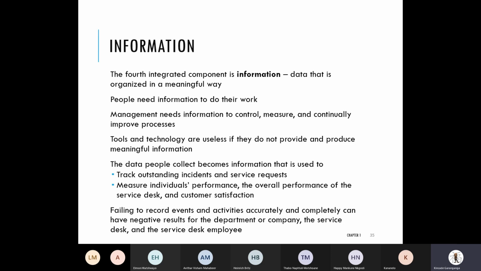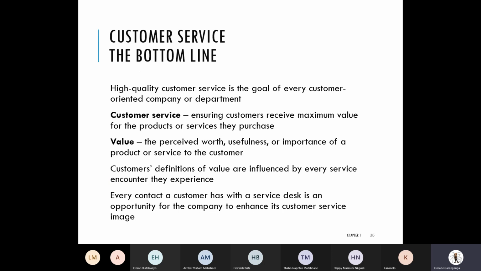How many of us have chosen not to buy a product because of certain reviews, either ones we've read online or ones we've heard from colleagues, friends, or family? So it's very important that these encounters are positive, so that client growth is enhanced. That's what the bottom line is all about, which we were discussing a couple of seconds ago.